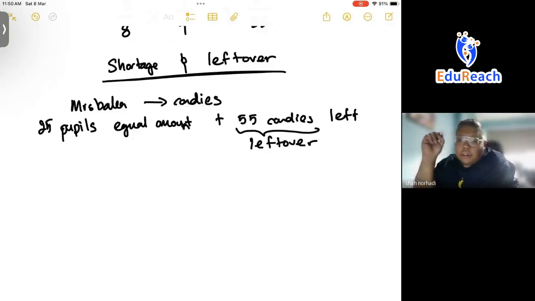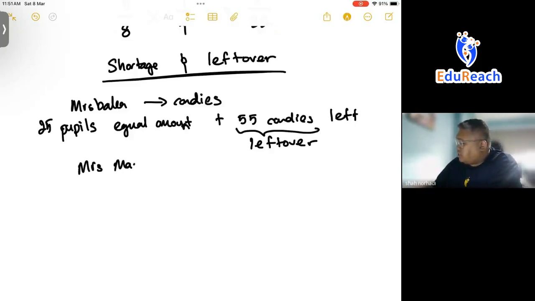Now we have the second story. Usually shortage and leftover, they have a first and second story. Now, the second story says that Mrs. Mano bought the same packet of candies, but now she has 33 students. So Mrs. Mano has 33 pupils.